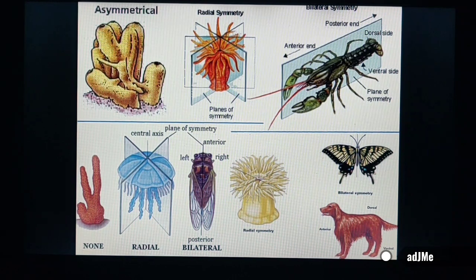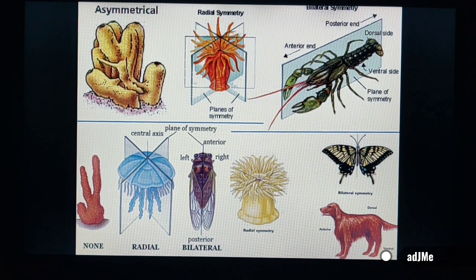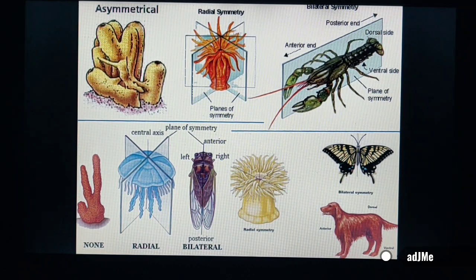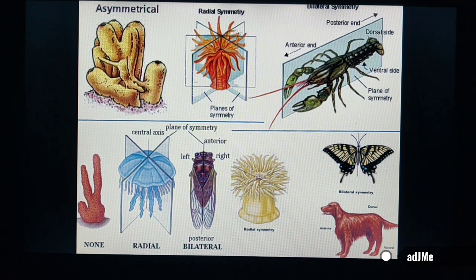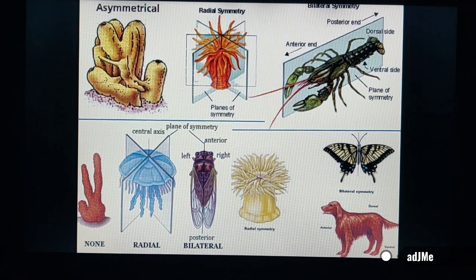Again at the center you have another picture, a sea anemone. Maybe in the movie Finding Nemo, you come across the clownfish staying in a home. So that tentacled animal is actually called a sea anemone, which is in the bottom center, and it is an example of radial symmetry.